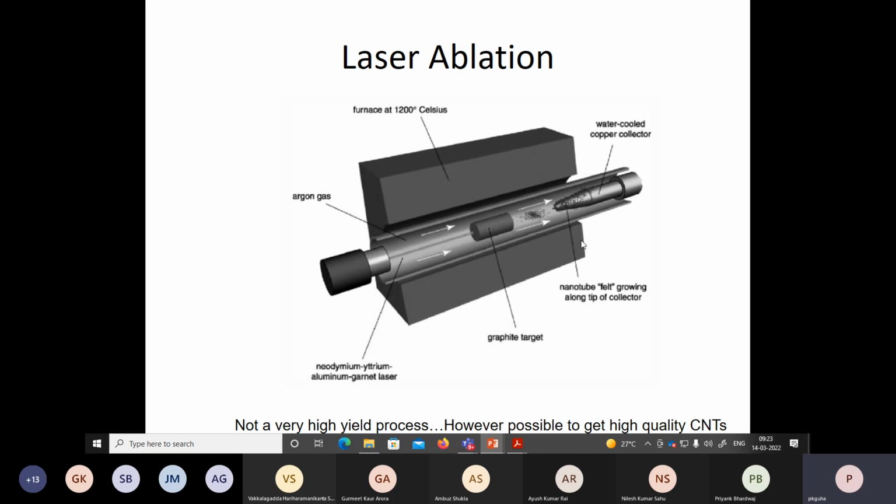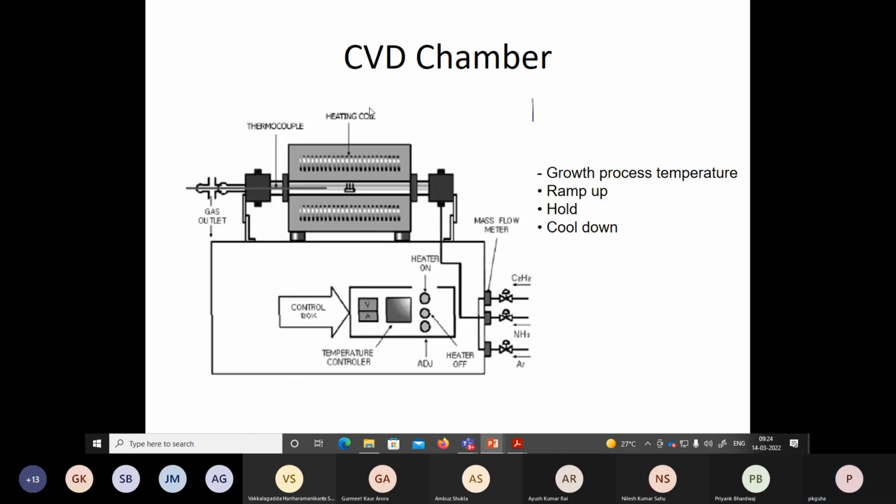This particular process is not a very high yield process, but you can get a very high quality CNT simply because you are using very high temperature. Okay, so there is another technique which is known as CVD, chemical vapor deposition technique. This is a technique which is used heavily in commercial industry.